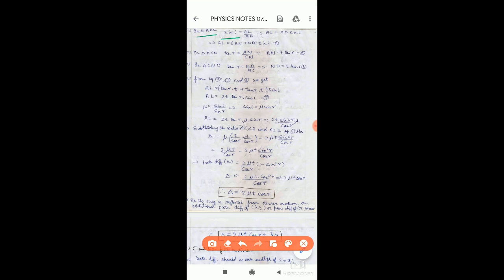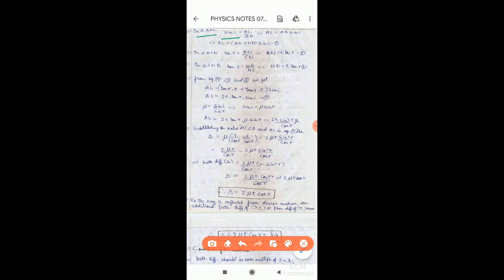Now in right angle triangle ACN, tan R equals AN upon CN, where CN equals T, the uniform thickness of the film. So AN equals T tan R, equation number 5.